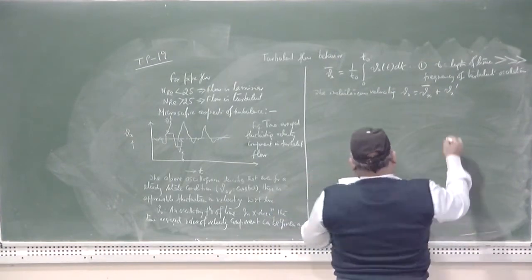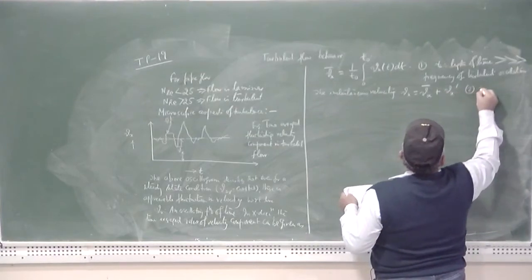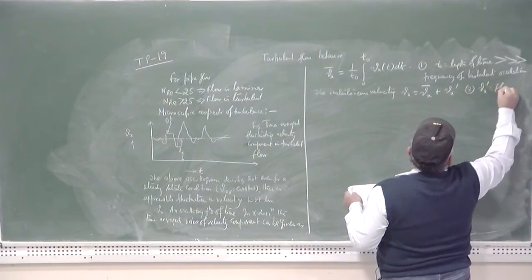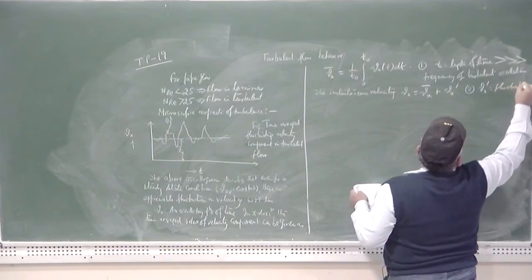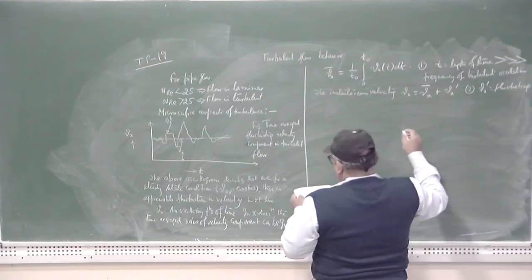Let it be equation number 2. Vx dash is the fluctuating velocity component.